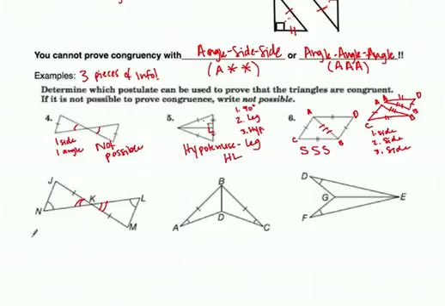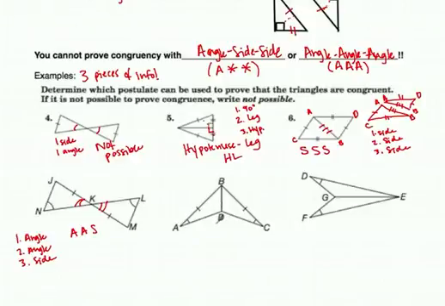So I have information about an angle, my first ones, information about an angle, my second ones, and then information about a side. So I have 3 pieces of information, which is good. I have angle, angle, side.